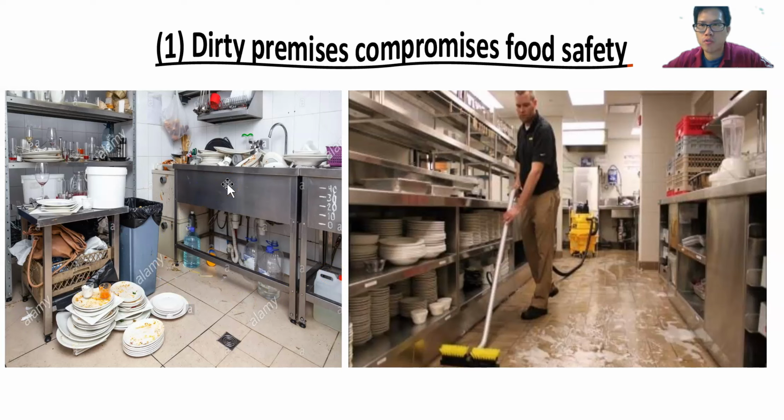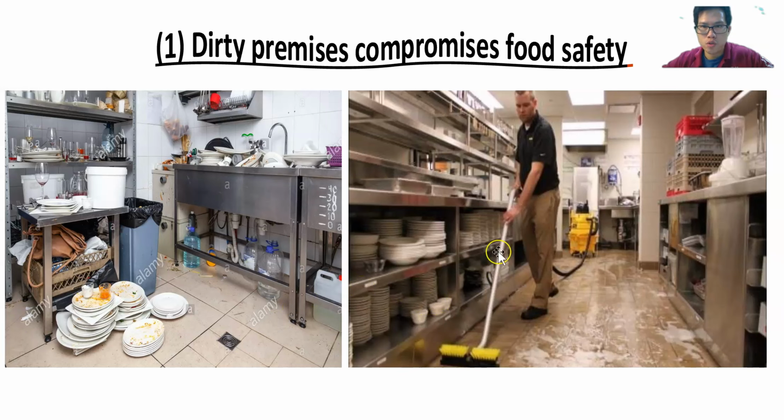Cross-contamination of your food product can come from the dishes and things like that. As well, at the bottom there are a lot of empty bottles that can have an impact on safety, because they can also harbor mosquitoes and things like that.